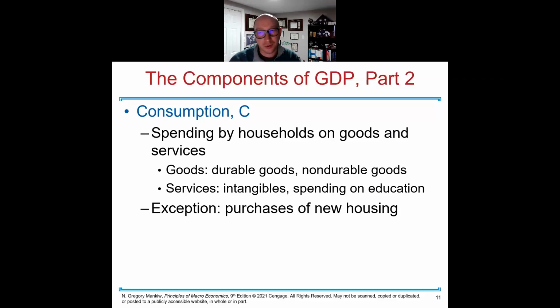The exception to this rule is the purchase of new housing. The exception to consumption is the purchase of new housing. Why? Because when it comes to housing, we don't include new housing as a part of gross domestic product measurement.